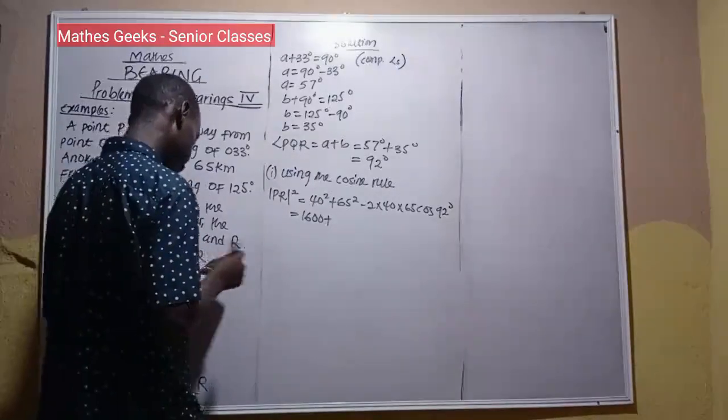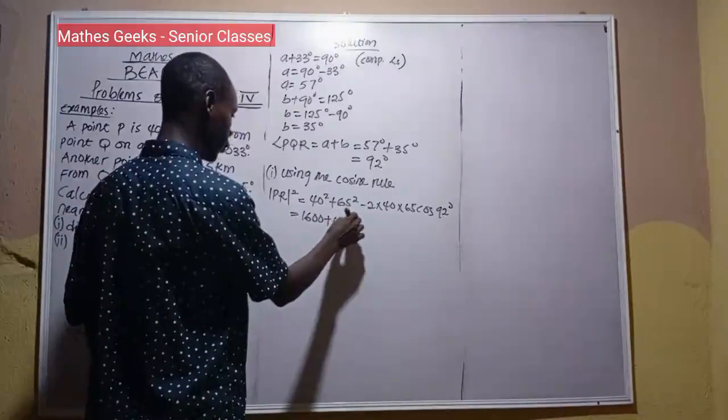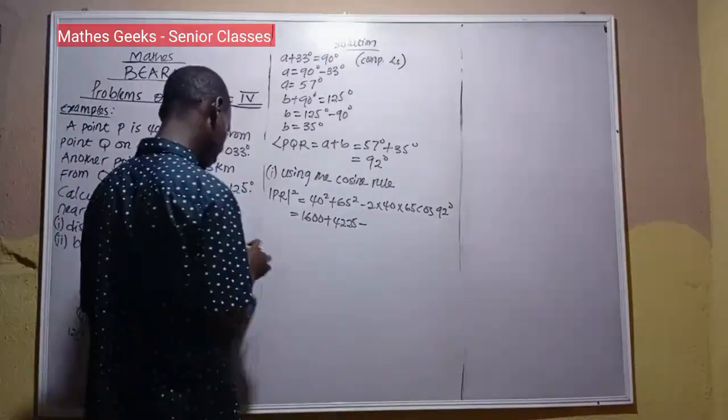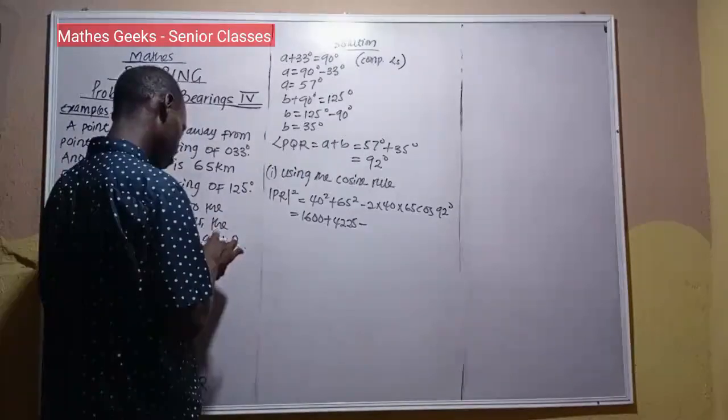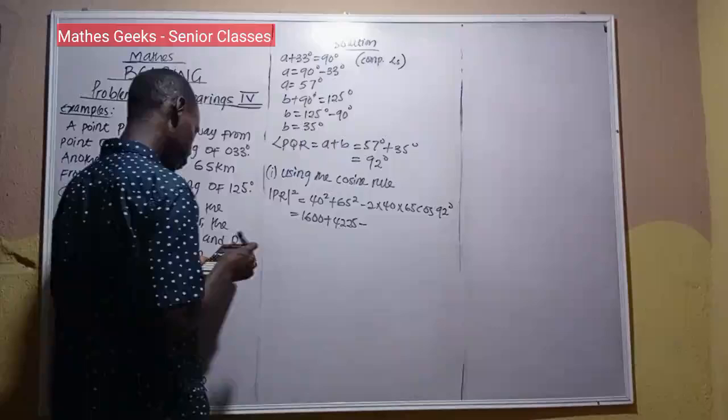40 squared is 1600 and 65 squared is 4225, minus 2 times 40 times 65 times cos 92.